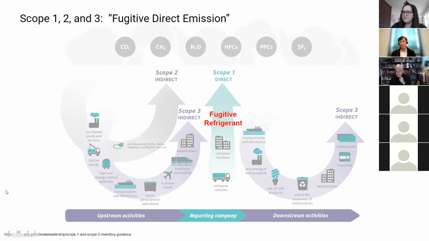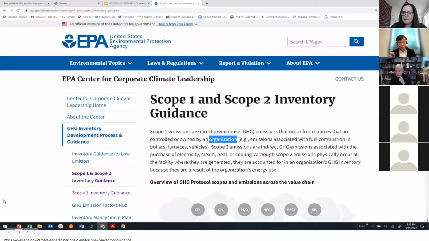Next slide. But there's a fine difference here, because this is the EPA website. It clearly states that scope 1, 2, 3 applies more to an organization, not to life cycle analysis of a building. So I think you will see more people talk about scope 1, 2, 3 in the context of how much carbon an organization emits.